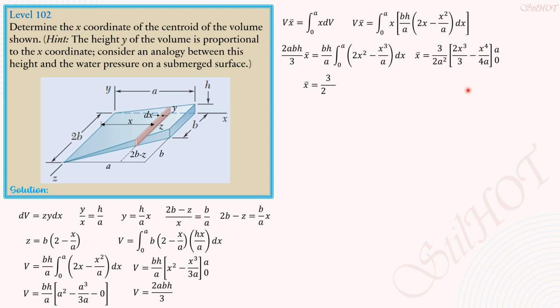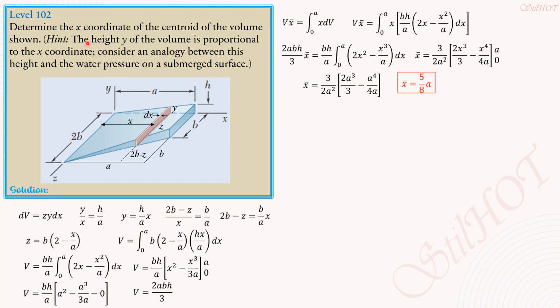In terms of a, bar x is 3 over 2a squared times the quantity 2/3 a cubed minus a to the fourth over 4a, which is also a cubed, like terms, minus the lower limit 0. So solving, bar x is equal to 5 over 8 of a. So that's the answer based on this integral.